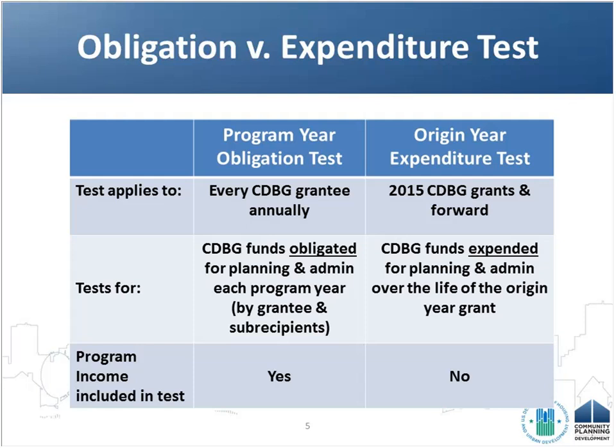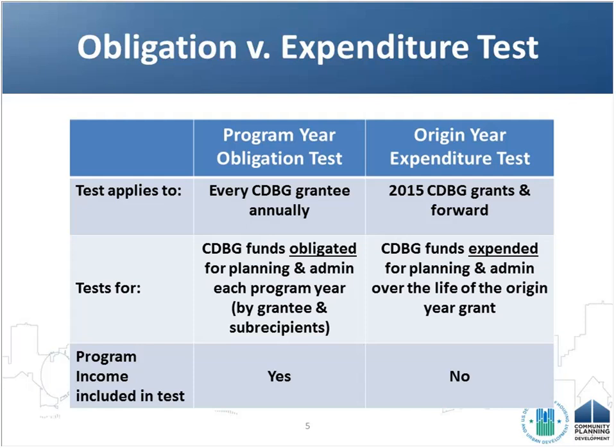That means it is over the expenditure cap by 5%. The grantee actually spent 3 years to use up 25%, but by program year 2018, it had exceeded the cap. So the Origin Year Expenditure Cap is not applied to a single program year, but to the lifetime of a grant.